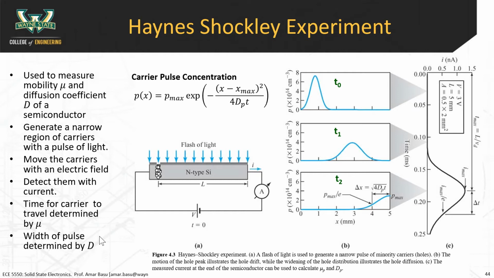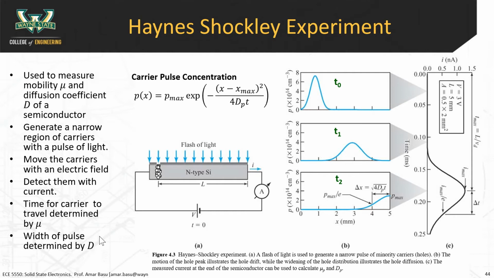We know so far that those two parameters are super important. The mobility determines how fast an electron moves when you apply an electric field to it. So the resistivity of the material is going to be determined by this mobility, and the diffusion coefficient determines how fast things diffuse. And the diffusion coefficient, as you know, is proportional to the mobility.